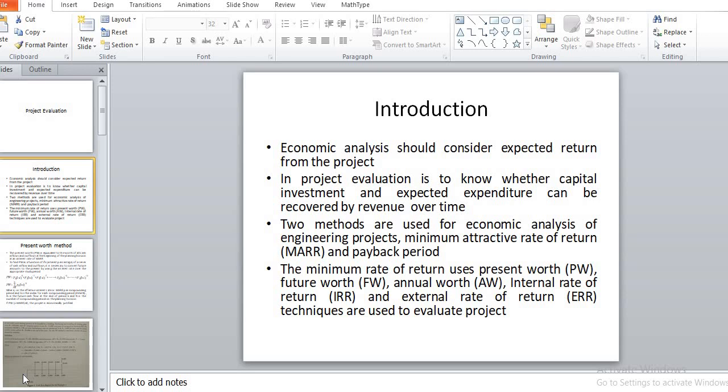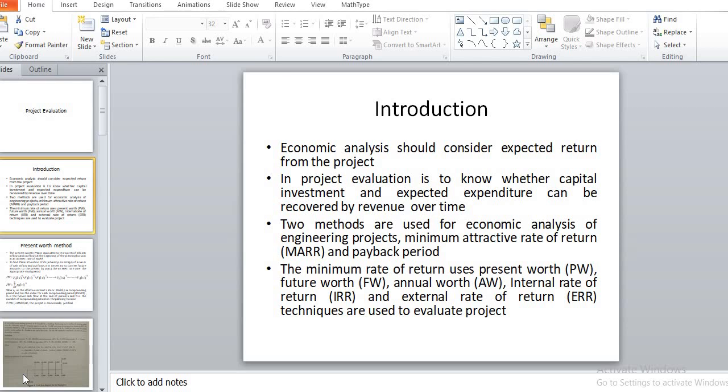We started from simple interest, compound interest, and then different methods: present worth method, future worth method, annual worth method, etc. In this unit, for about 7 to 8 videos, we discuss economic analysis, and from that we can conclude whether the project is acceptable or not, and whether the capital investment and total expenses are recovered by the total revenue generated for the particular period of time.